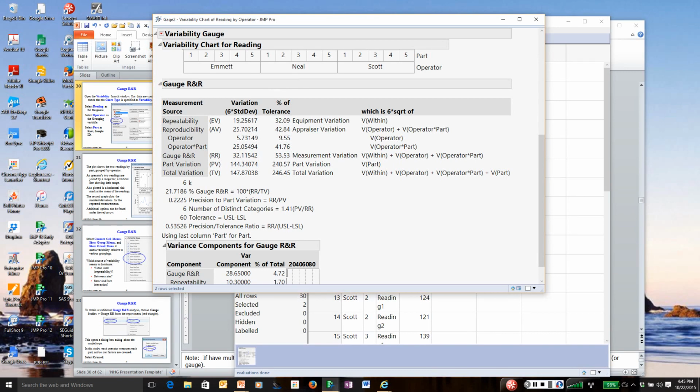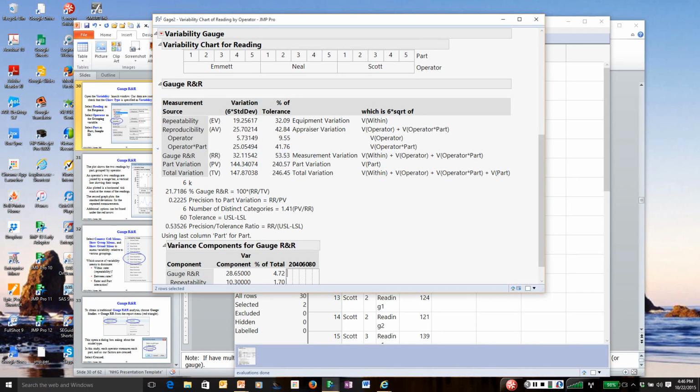Reproducibility, the next one, is almost 43%. And notice a big chunk of that reproducibility is an operator by part interaction. That's primarily driven by the fact that Neil measured part 2 very differently than the other operators.